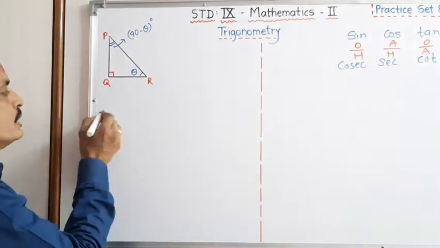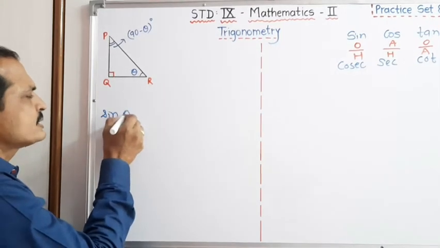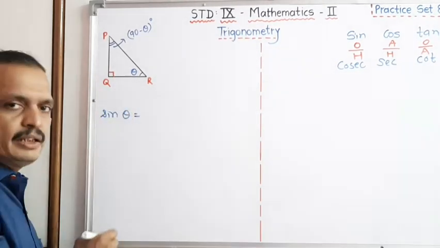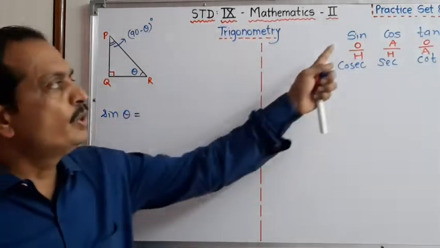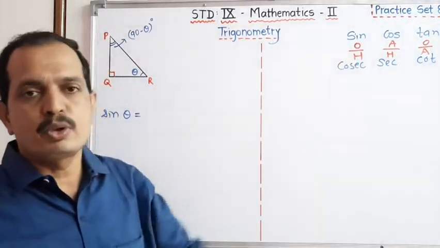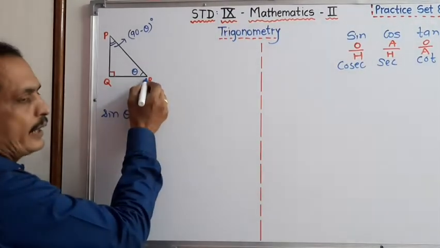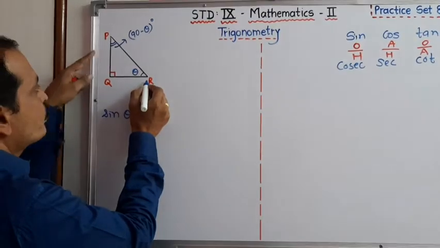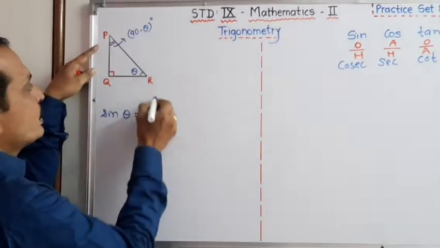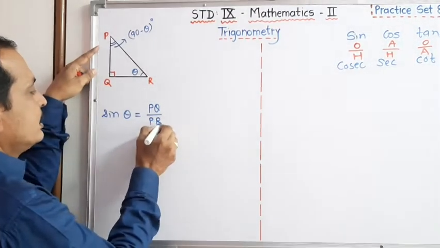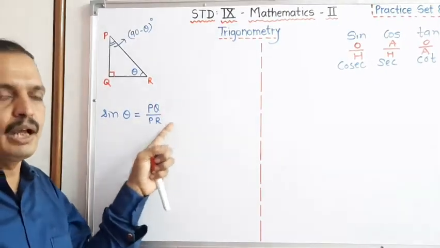Now see dear student, if I have to write the sine ratio, sine theta, we know that it is opposite side upon hypotenuse. For angle R, the opposite side is PQ and the hypotenuse is PR. Therefore sine theta is PQ upon PR.